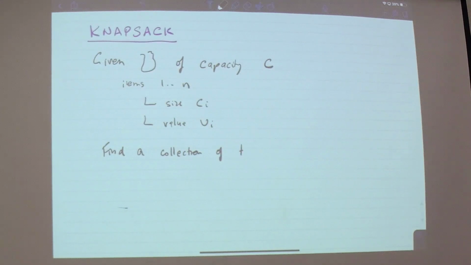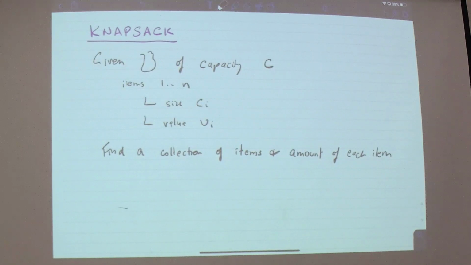of items and the amount of each item, such that, let's say at each item I pick ni items.